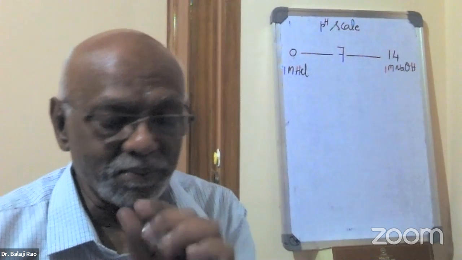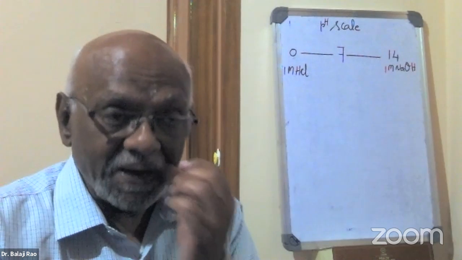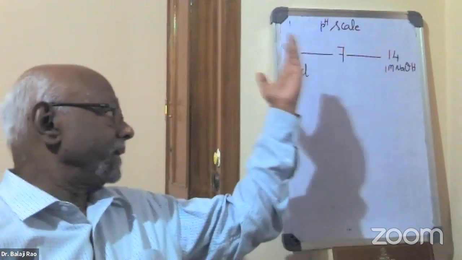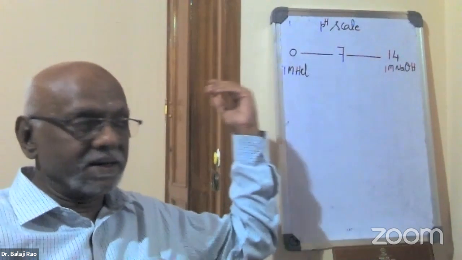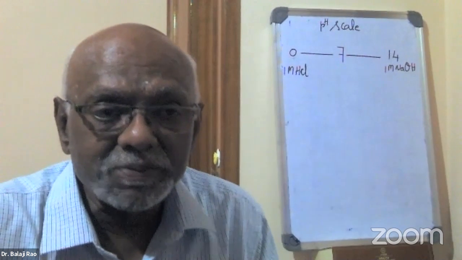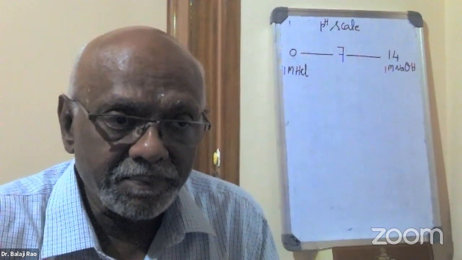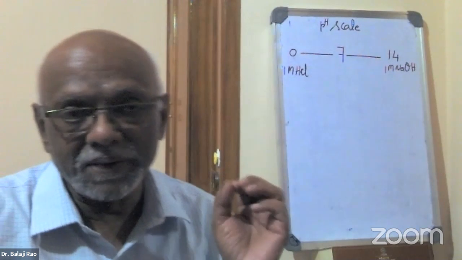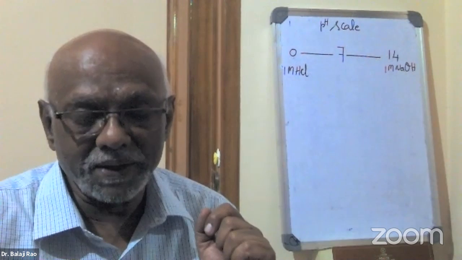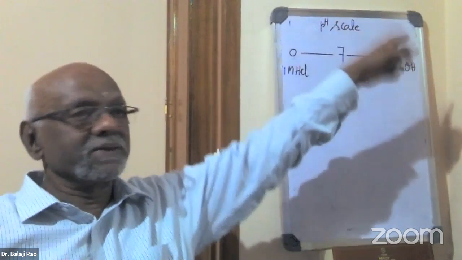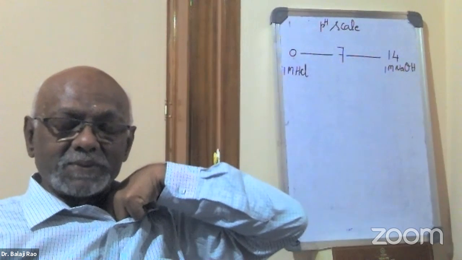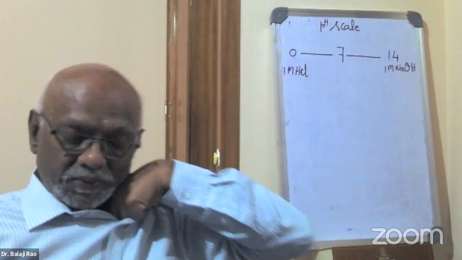I'll tell that to you in a couple of minutes. Then I said going from 7 back towards 0, the solution becomes more and more acidic. And from 7 upward till 14, the solution becomes more and more basic. You would have noticed that from the previous graph to today's graph, one small correction has been incorporated. I have written molarities of the 2 solutions: 1 molar NaOH and 1 molar HCl respectively. Now, we will keep that aside.